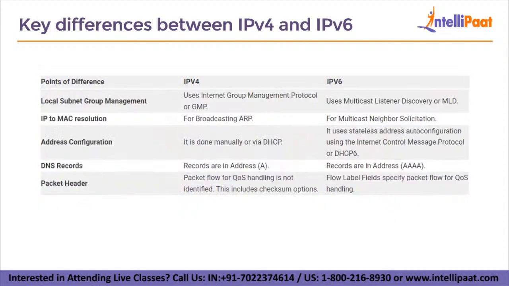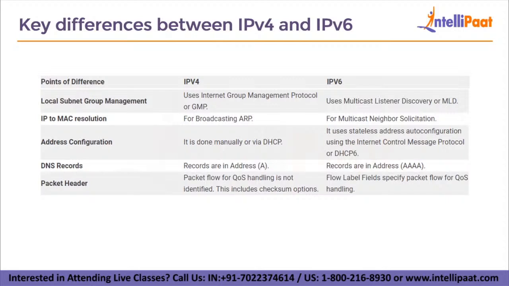Coming to the next factor, which is local subnet group management. IPv4 uses Internet Group Management Protocol, also known as IGMP for short, and IPv6 uses Multicast Listener Discovery, or MLD for short. And when it comes to IP to MAC resolution, IPv4 uses broadcasting ARP, and IPv6 uses multicasting of neighbor solicitation.